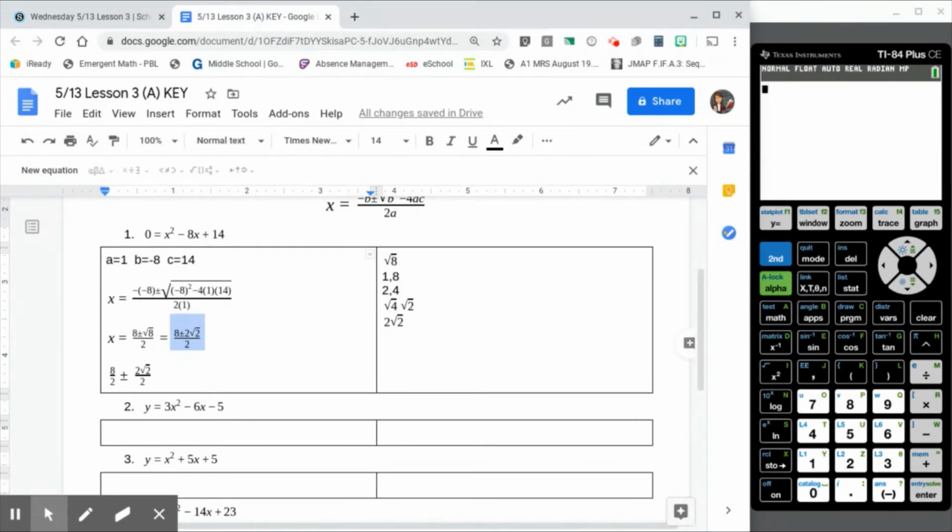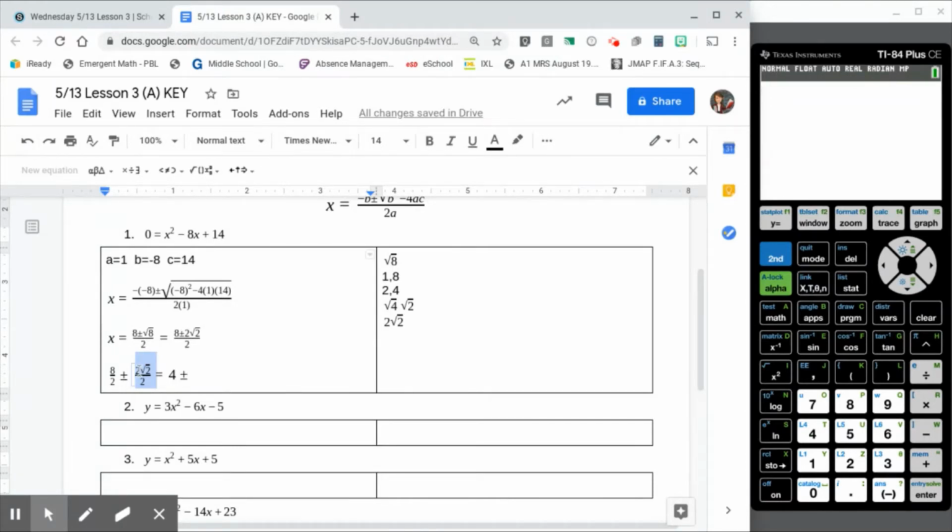So when we simplify things with radicals, first of all, this 8 over 2, we can easily simplify. 8 divided by 2 is 4, plus or minus. Now, when we simplify this radical expression, the radical stays. You do not change what is inside the radical.